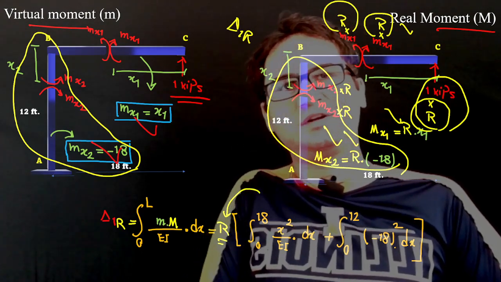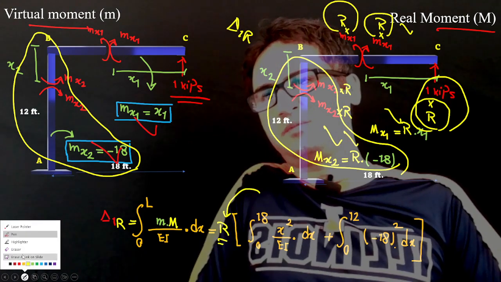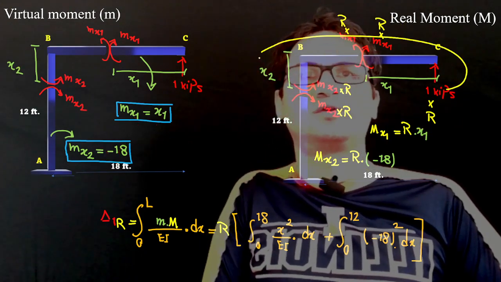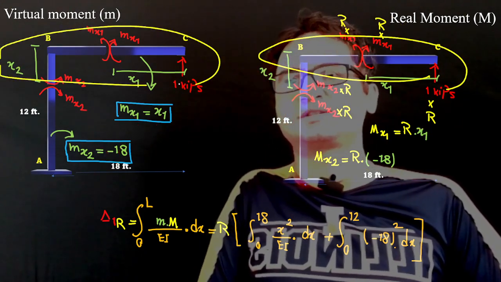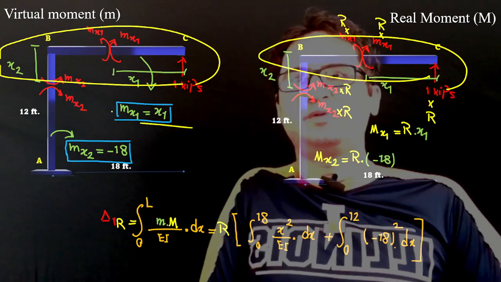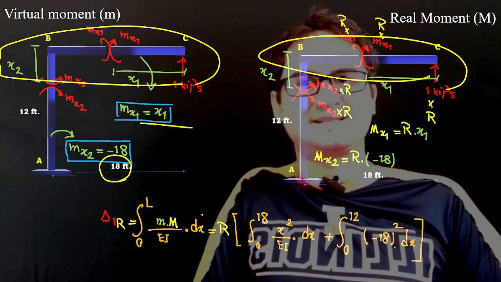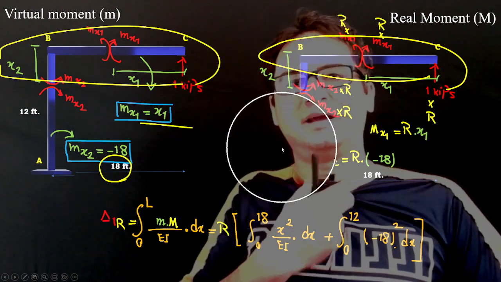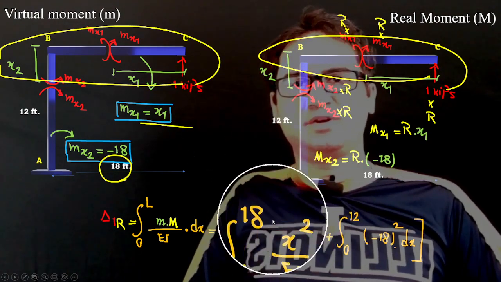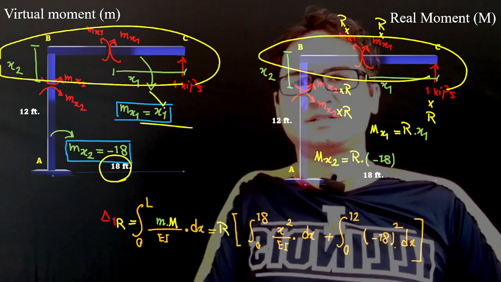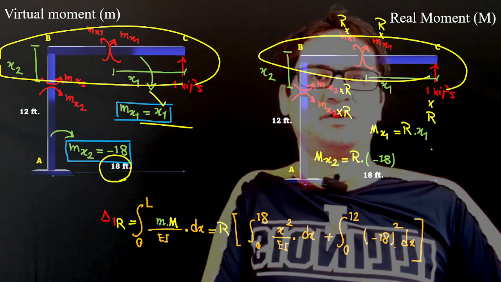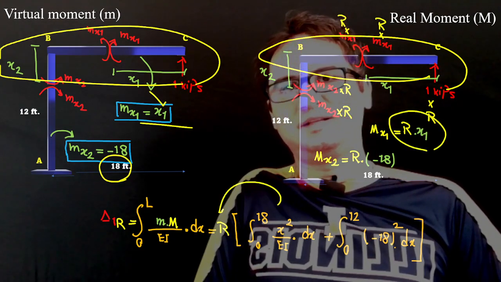And for the horizontal component, you can easily go for this part. It gives us 0 to 18 because the horizontal length is 18, integration from 0 to 18 of the moment, x1 times R times x1, where we already took R out.